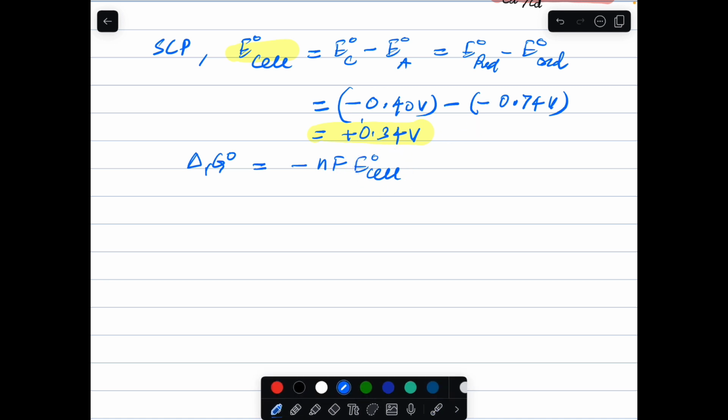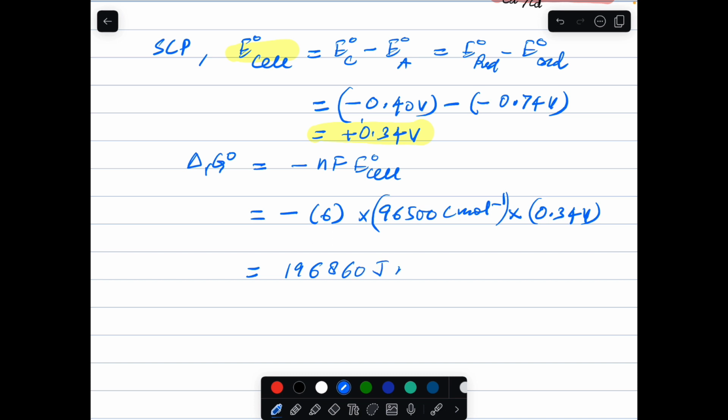So therefore we will put down the values. In our case it is minus, n value is 6, multiplied by 96500 coulombs per mole, the value of Faraday's constant, multiplied by the value we have calculated, and the answer we will be getting here is 196860 joules per mole, and the value will be negative.